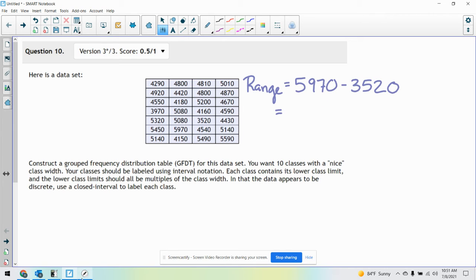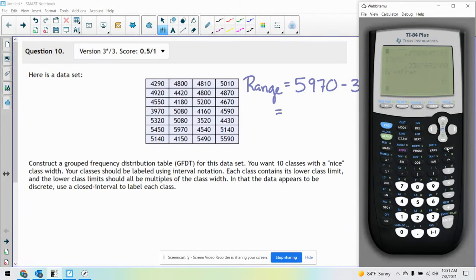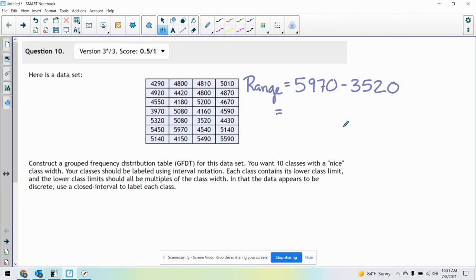So I get a range of 2450, just like you had. Then again, the next step is to divide that by 10, so I get 245. So you're right, the perfect class width, you're always going to round that up, is going to be 250.